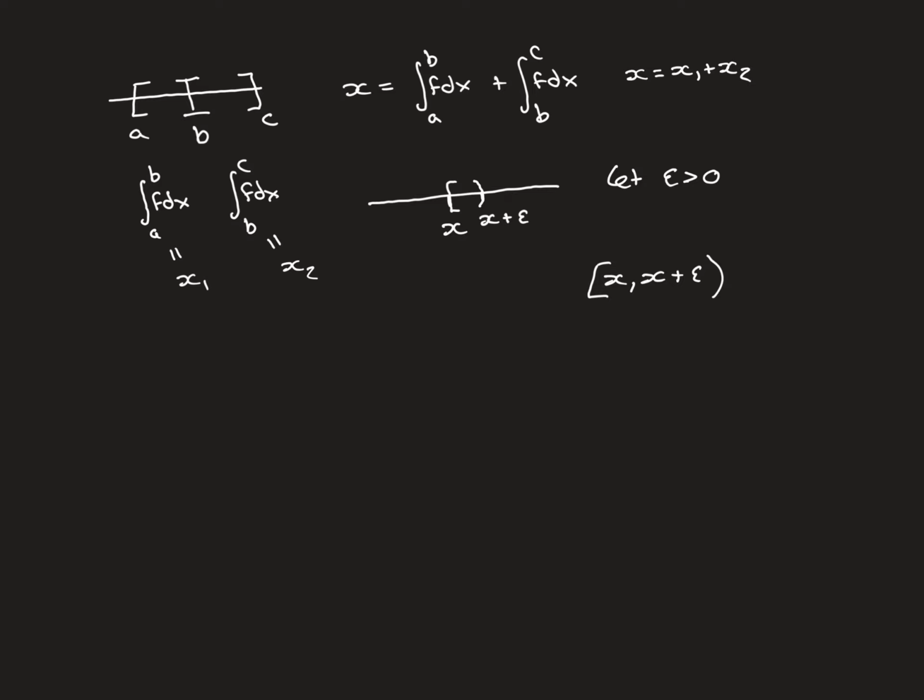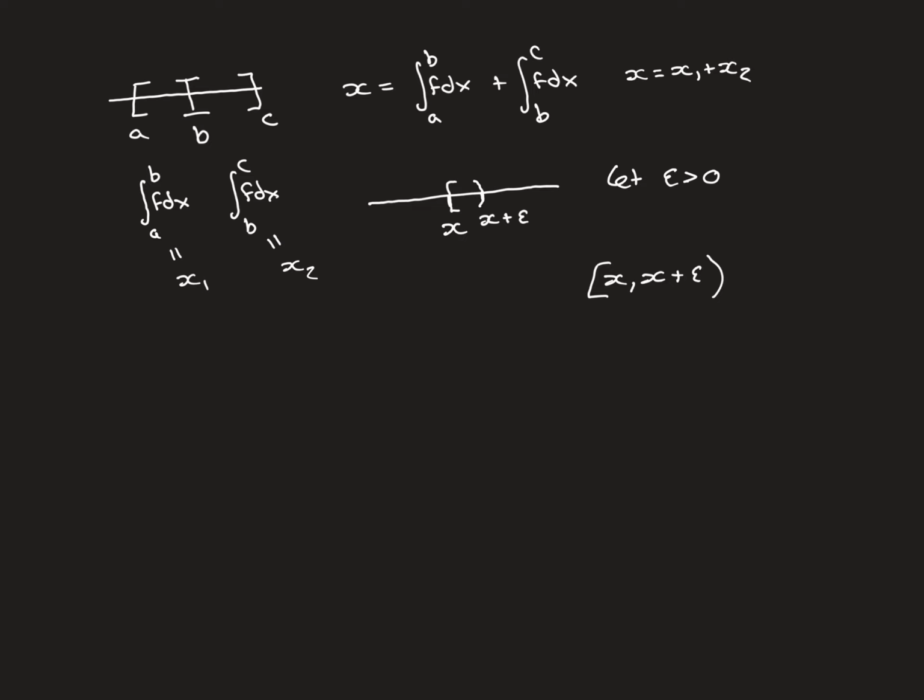So before we go any further, let me just outline my strategy here. To find an upper Riemann sum for the function over the entire interval AC that is inside this interval, I'm going to find upper Riemann sums just over the subintervals. First, an upper Riemann sum over the subinterval AB that is within epsilon over 2 distance above the value of x1, and then an upper Riemann sum just over the interval BC that is within epsilon over 2 distance above x2.